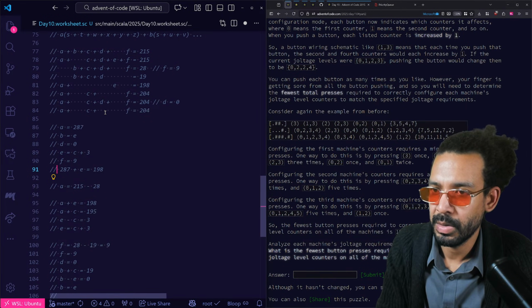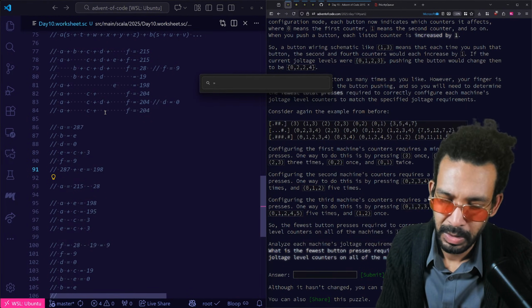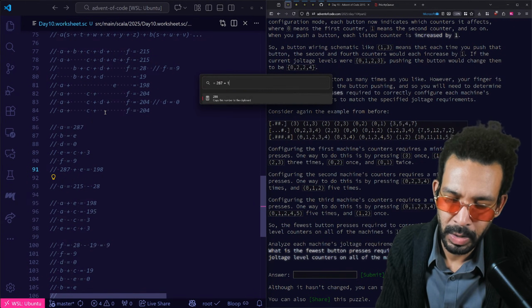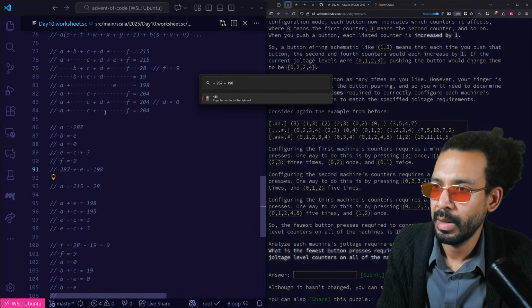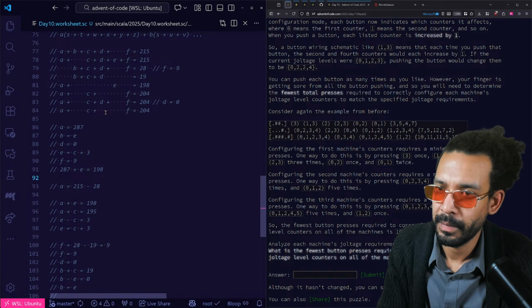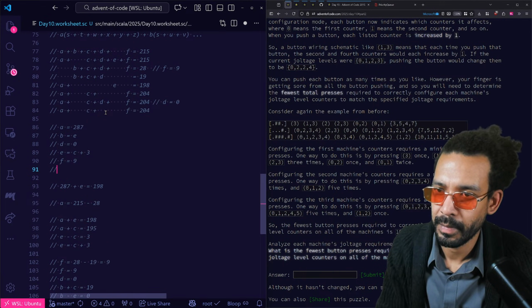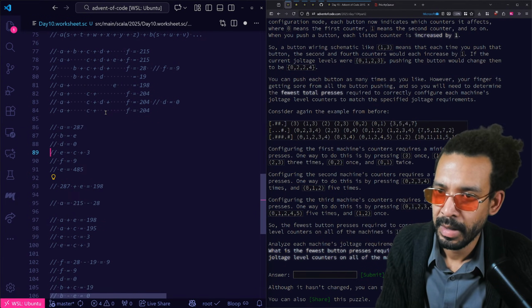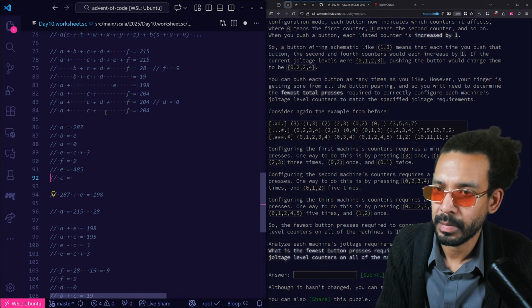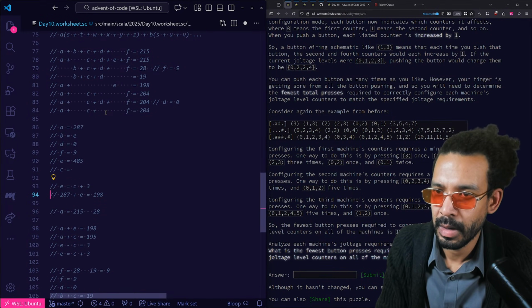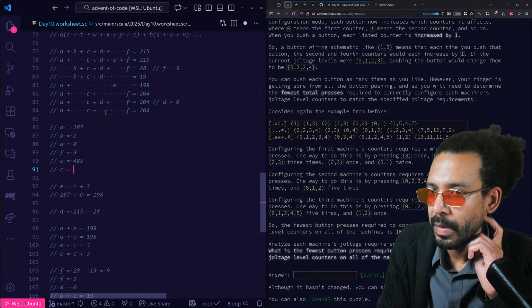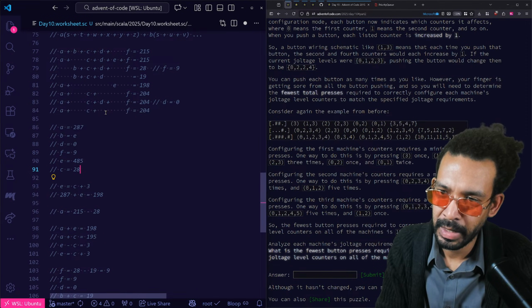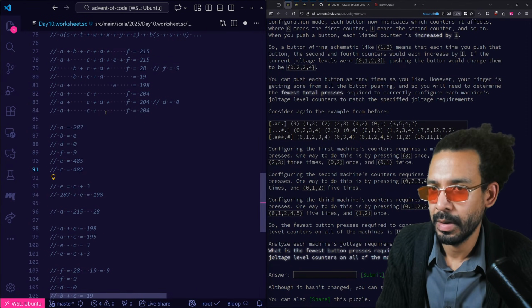Then E equals those two added. So 287 plus 198, E equals 485, which means C is 3 less than that. C equals 482.